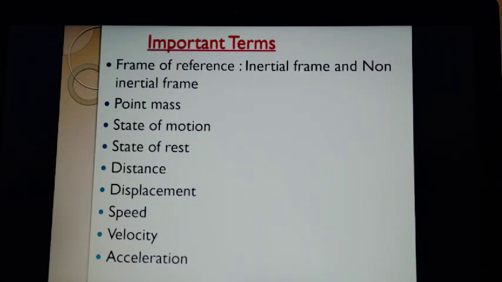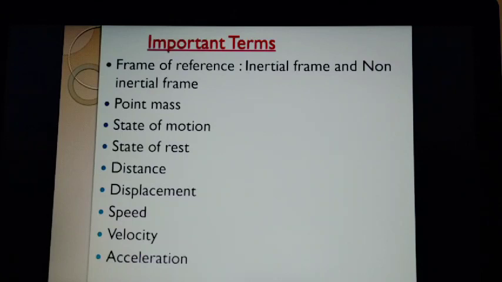And what are the other scalar quantities? Mass is a scalar quantity, time is a scalar quantity, current is a scalar quantity, charge is a scalar quantity, and force is a vector quantity.